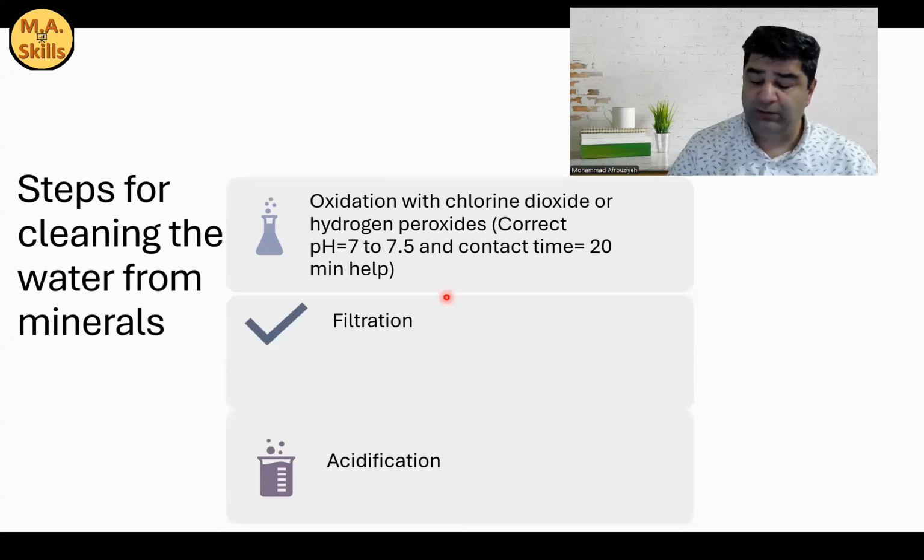Now your water line is clean from any precipitated or sediment minerals, and then you can start your new flock.